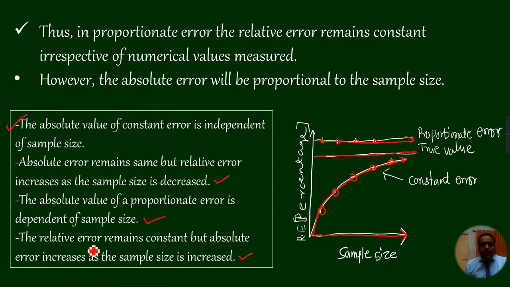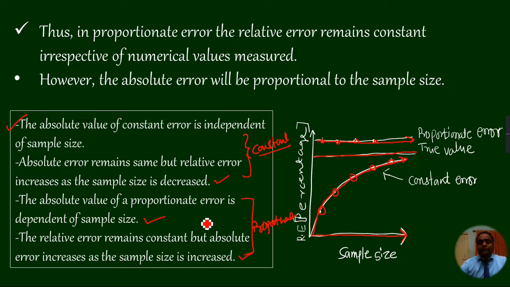This is very important. This happens in a proportionate error. So these two things are applicable for proportionate error, and these two things are applicable for constant error.